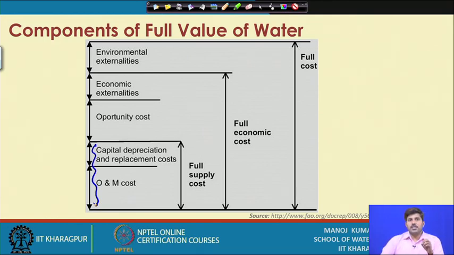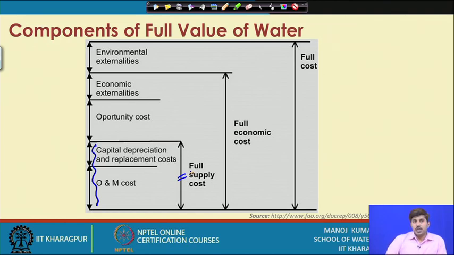O&M is operation and maintenance cost, which is recurring, and capital cost is a non-recurring cost, typically invested at the beginning of the utility construction or installation. For capital cost, either its depreciation or replacement cost can be taken. The combination of these two gives us the full supply cost.